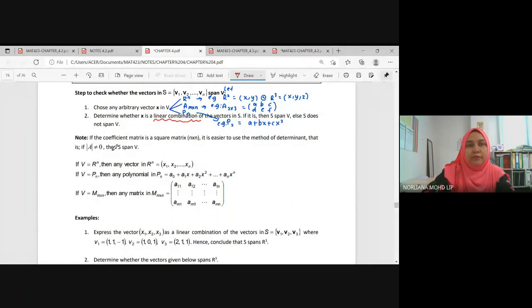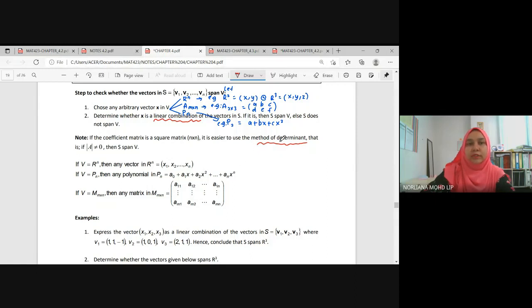If the coefficient matrix is a square matrix, n times n, it is easier to use the method of determinant. That is, if the determinant of A is not equal to 0, then S spans V. So what I mean here is, another method: if you get a square matrix, then you can use the concept of determinant to prove whether S spans V or not.